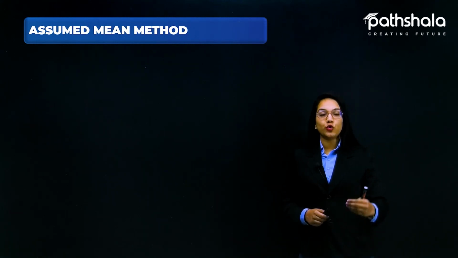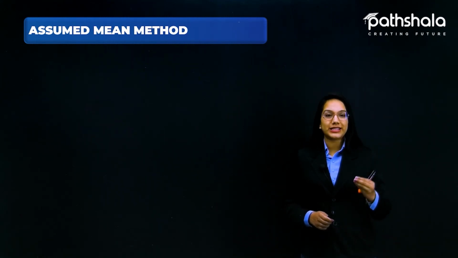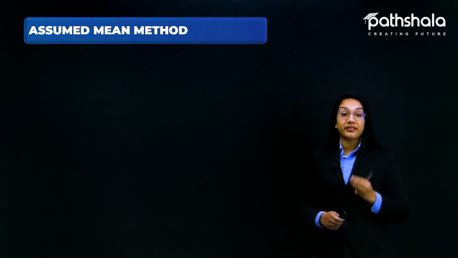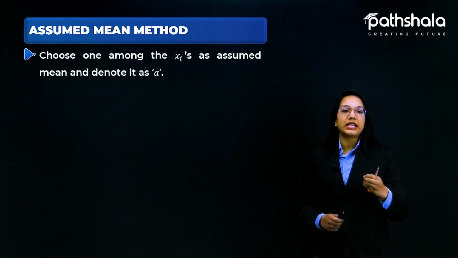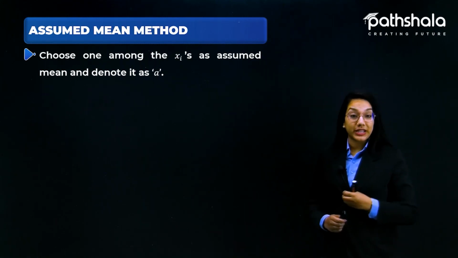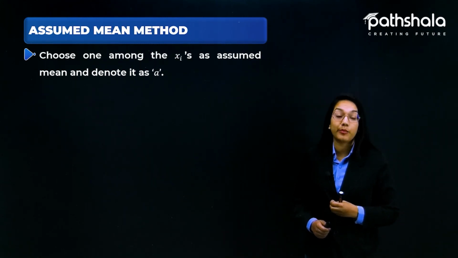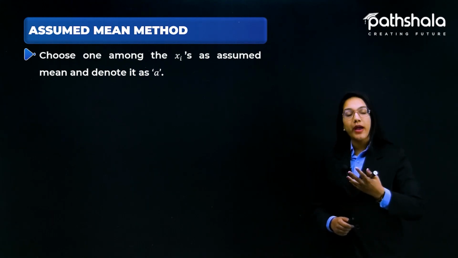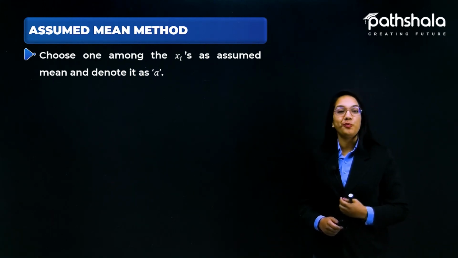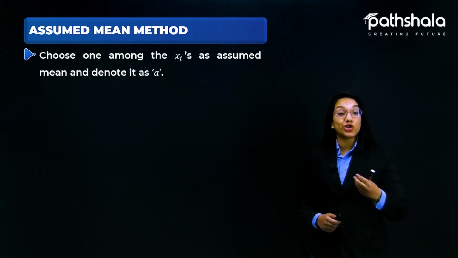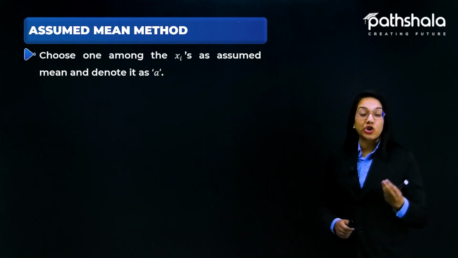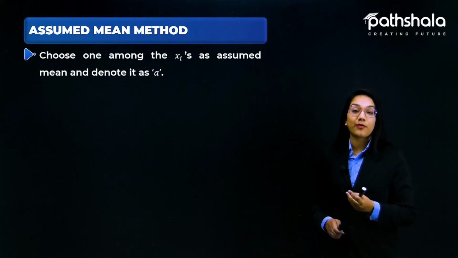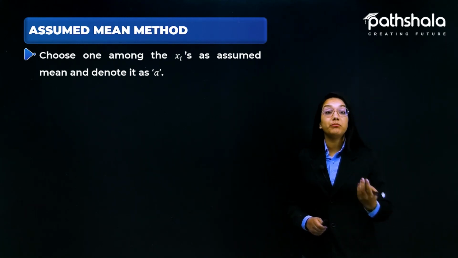In the assumed mean method, we always select a particular representative. What does it mean? We choose one among the xi's as the assumed mean and we denote it as a small a. That's why it is called the assumed mean method. We are assuming a particular element a, which is among the xi's, and we call it the assumed mean.